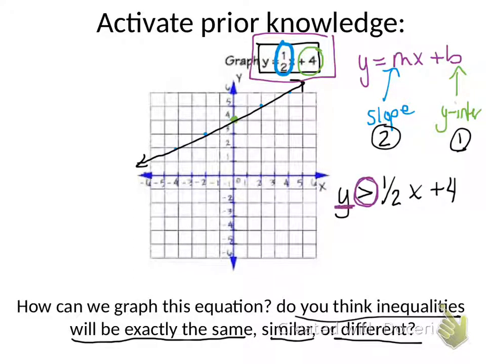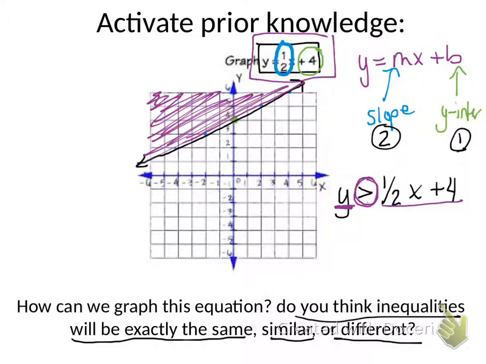It says that y is greater. So where are the y values? Well, they're on the axis, right? Those are our y values. So where are the y values greater than where the line is? Above it. Okay? So anything above that line has a y value that's greater than 1/2 x plus 4.